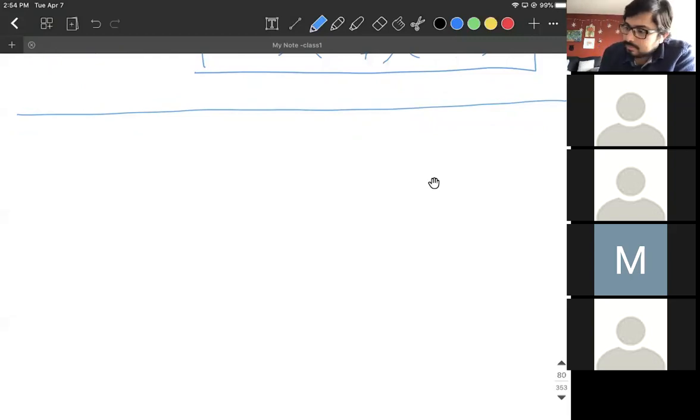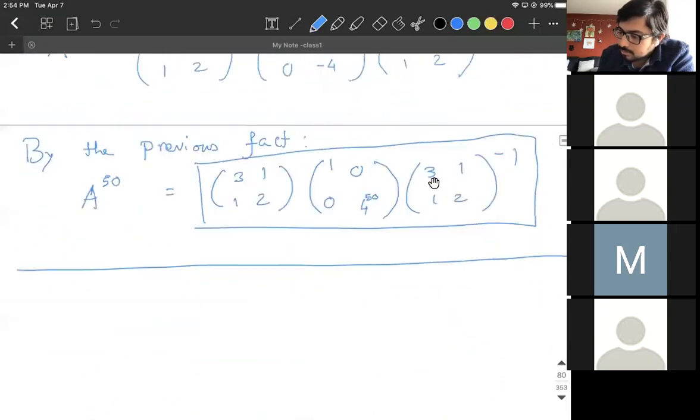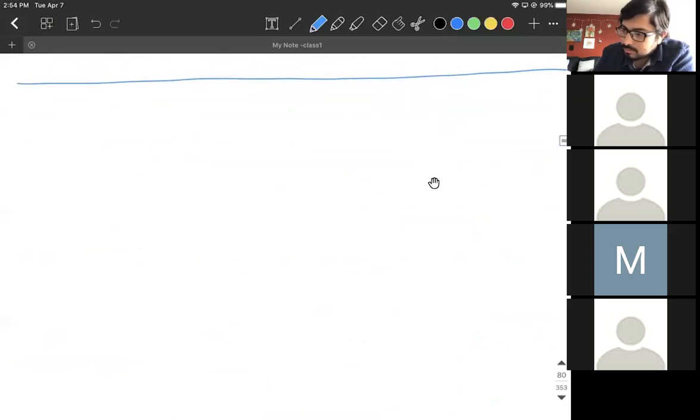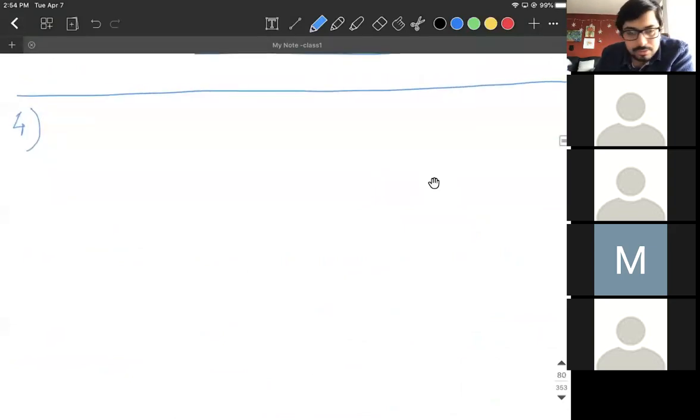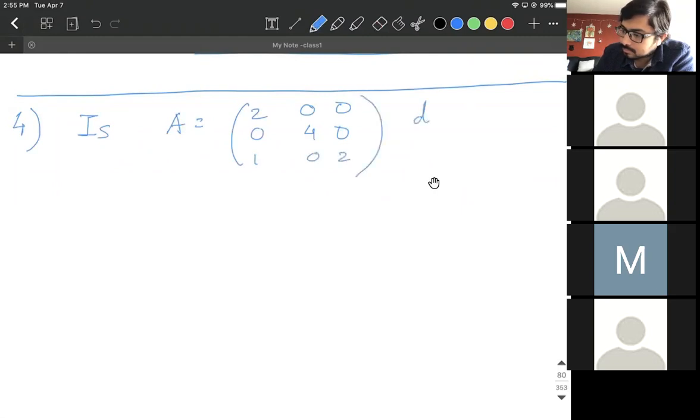So this is number 2 from defective matrices. But I will just say number 4 because we did 3 problems before. So something like this. So is A diagonalizable?